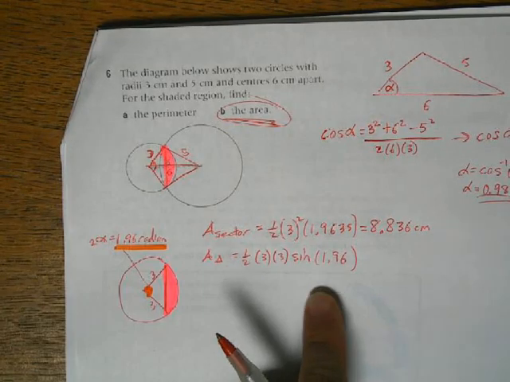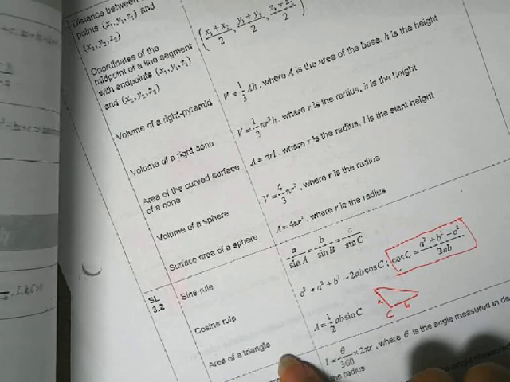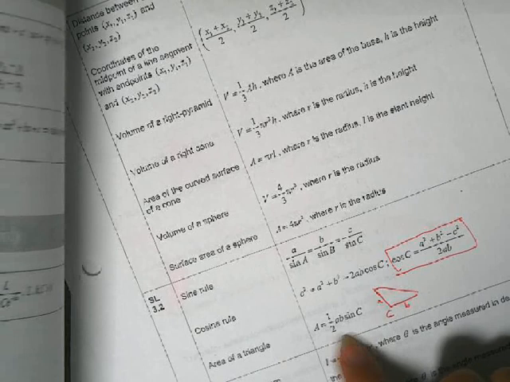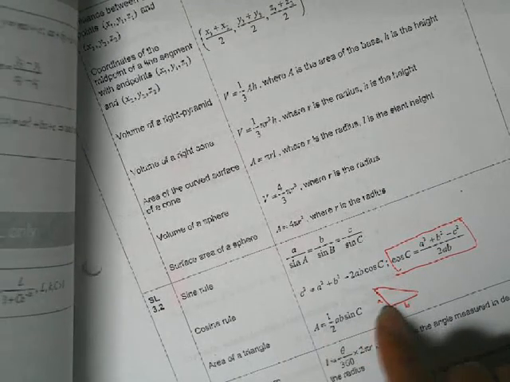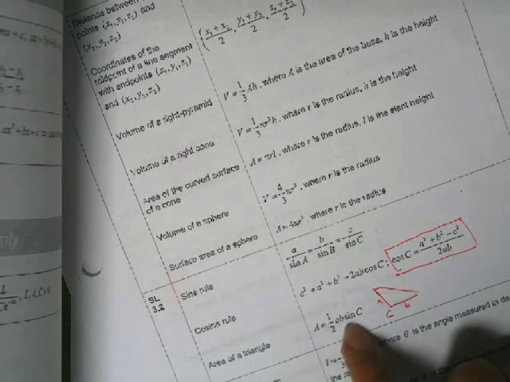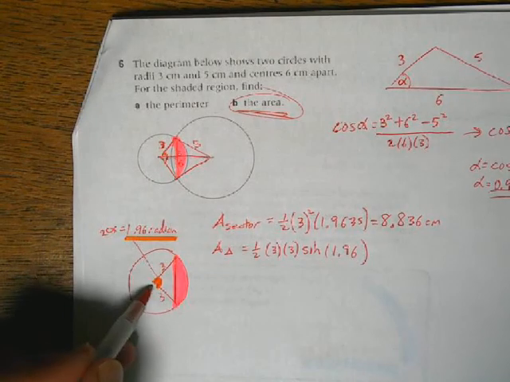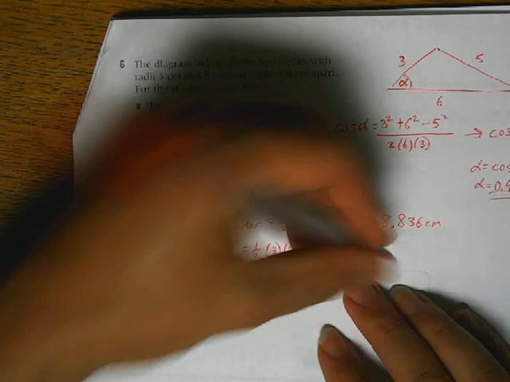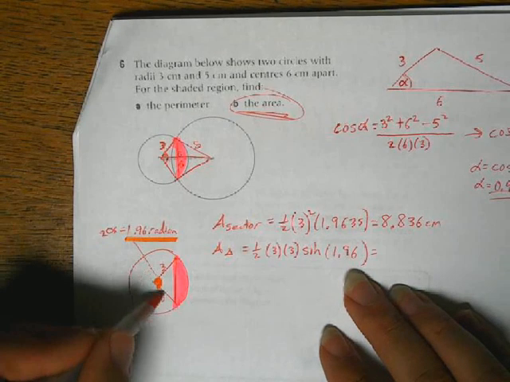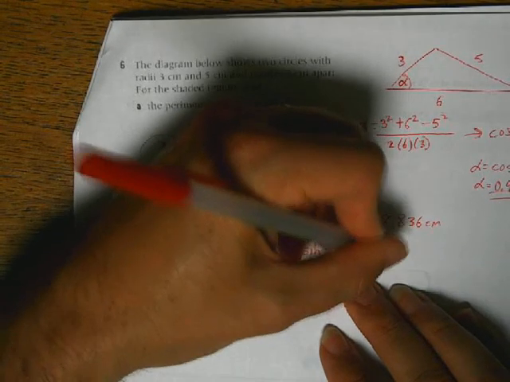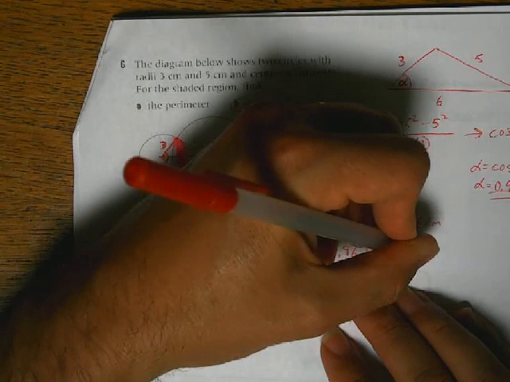Using this formula for the area of a triangle, 1/2 this side times this side times sine of that angle, the area of this triangle is 4.157 centimeters squared.